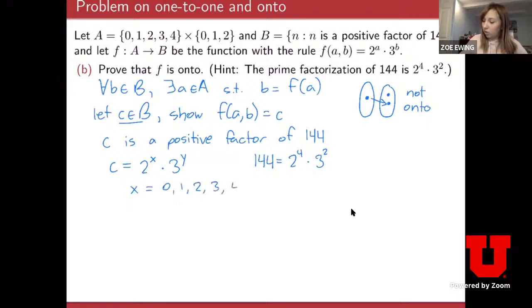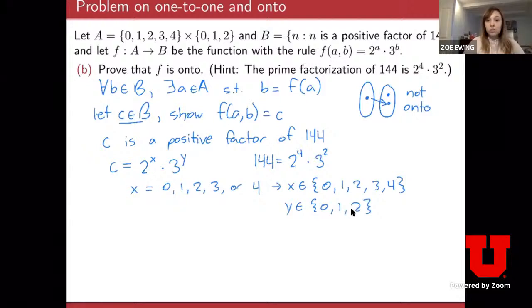Yeah, and then we'll also add 4. So that means that x is going to be in this set. And we can do the same thing with y. y has to be less than or equal to 2, so y is in the set {0, 1, 2}.